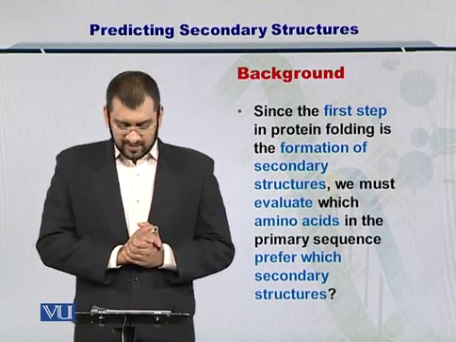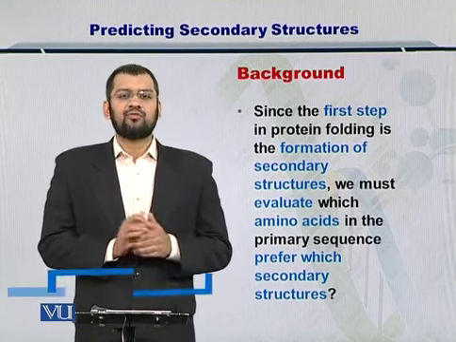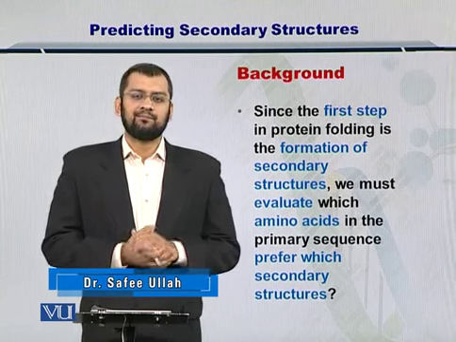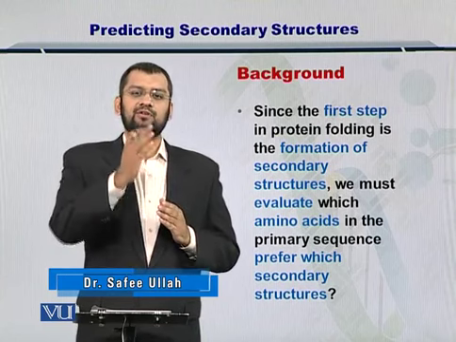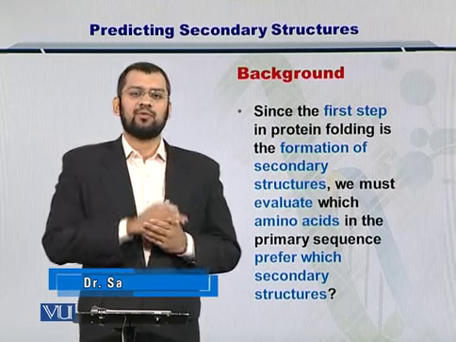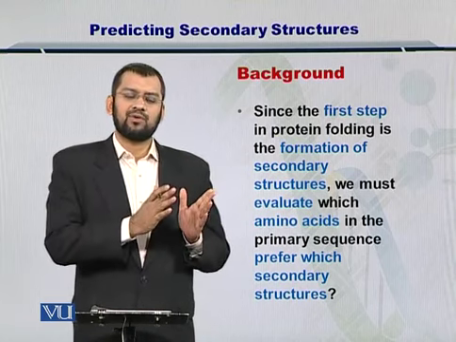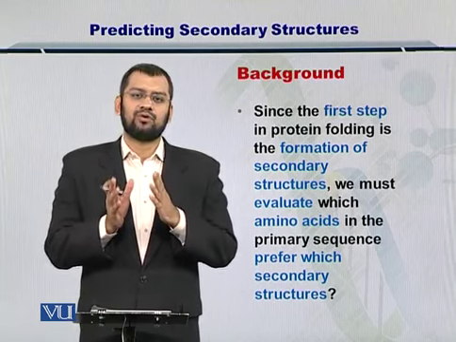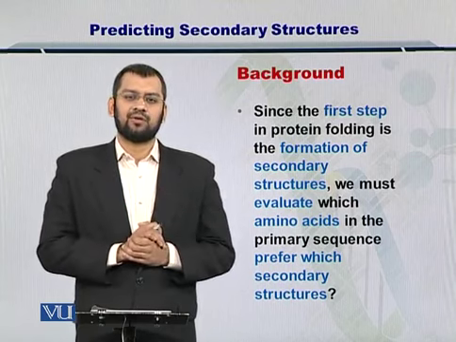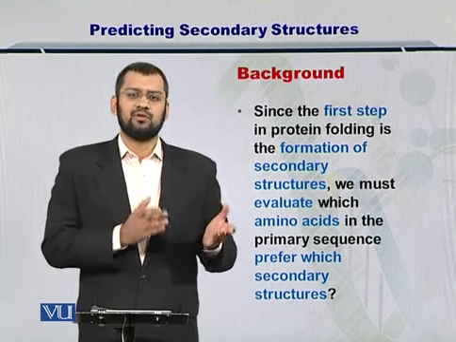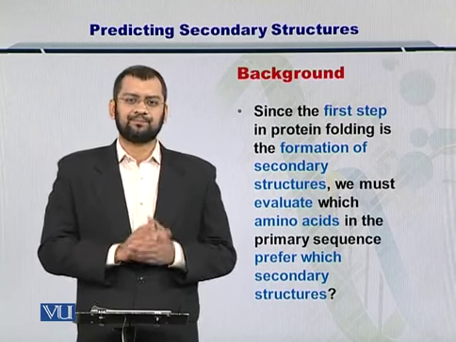So since the first step in protein folding is the formation of the secondary structures, it is quite useful to see which amino acid prefers to get into which type of the secondary structure. We know that there are 20 different amino acids and that there are about 4 different secondary structures that are formed. These secondary structures include the alpha helices, beta sheets, loops, and coils.